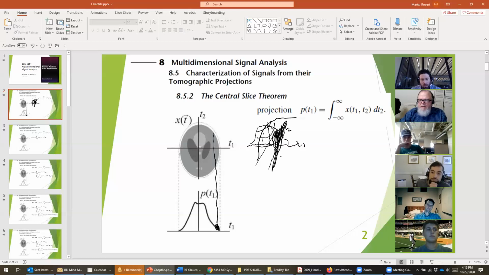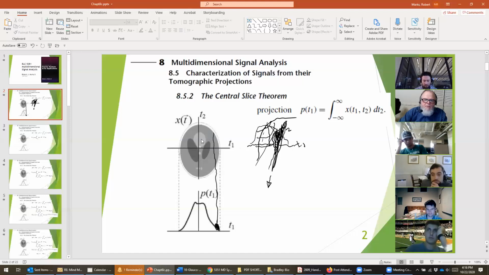When I do that, I get a 1-dimensional function, don't I? Now the area of that 1-dimensional function is the projection. So when I perform this operation, what I'm doing is I'm taking the area or the integral of this 2-dimensional function slice, and whatever that is, that's the number that I give here.